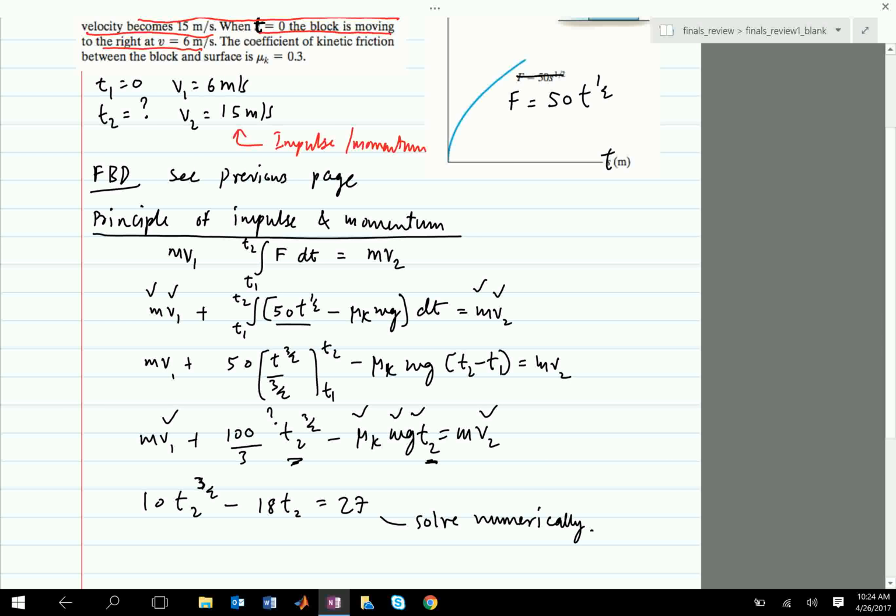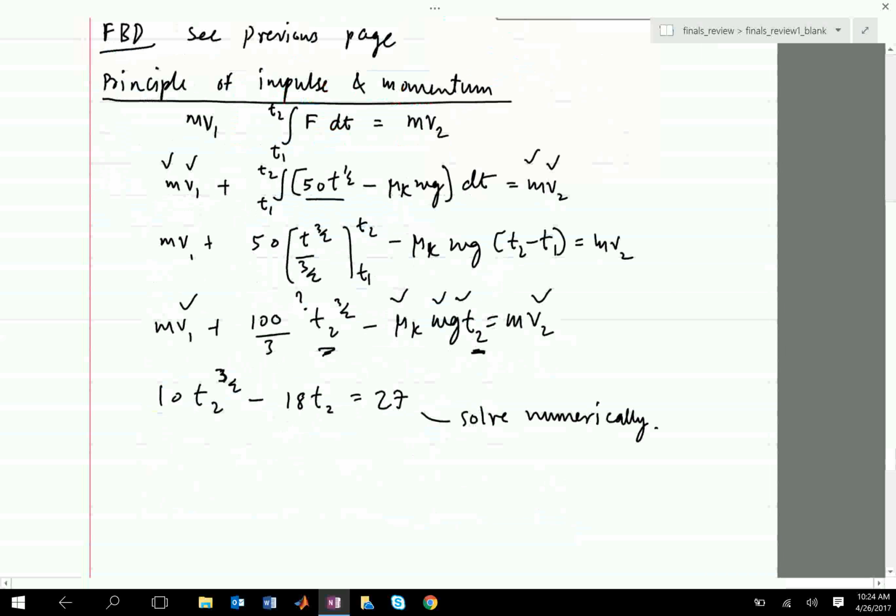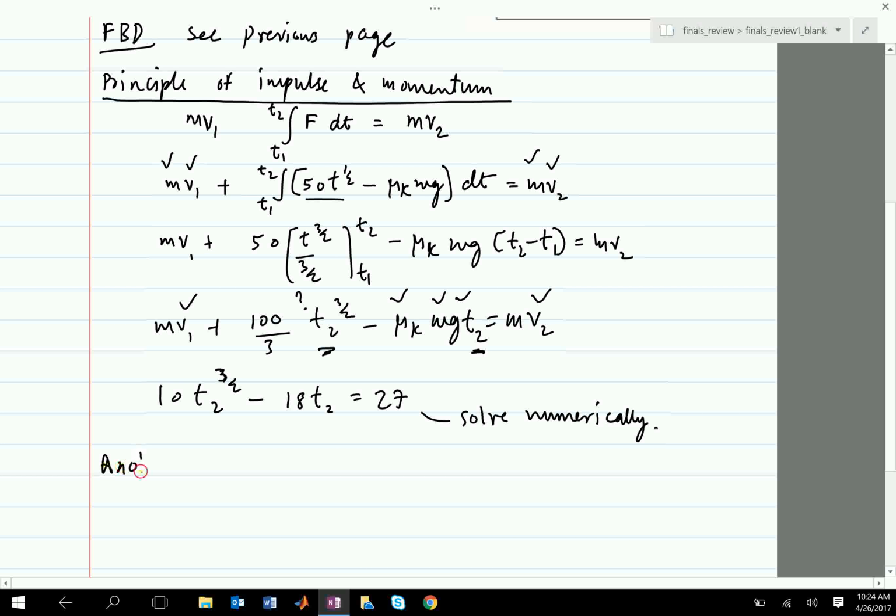I don't have the answer, but it's absolutely fine if you write it this way. This needs to be solved numerically, and you don't have to solve it. In this question you saw that you could do this using impulse and momentum, but it's absolutely fine to do the same problem using equations of motion. I will not do this, but you could use equations of motion.